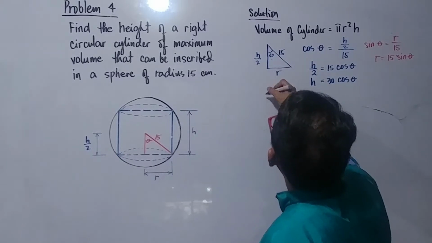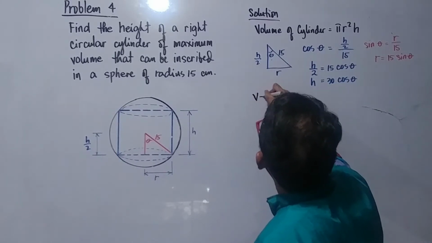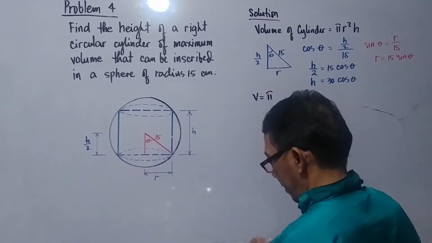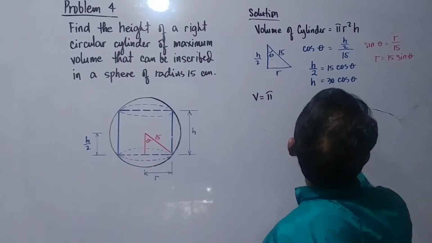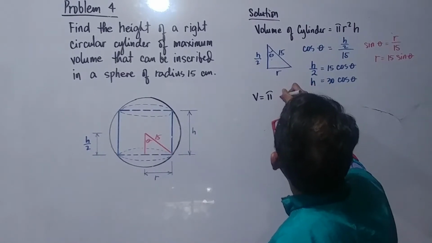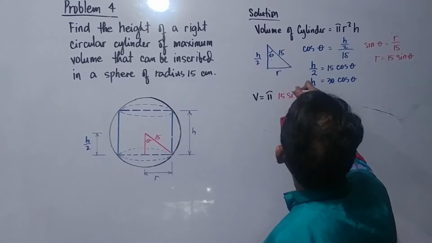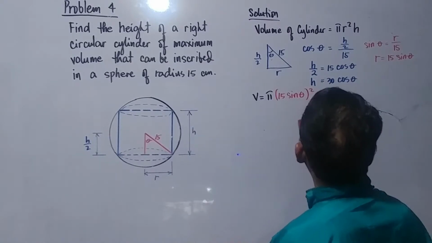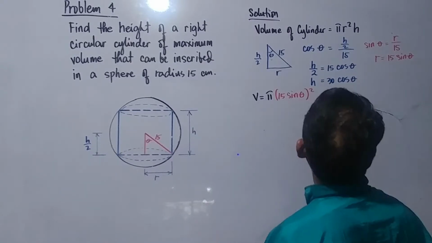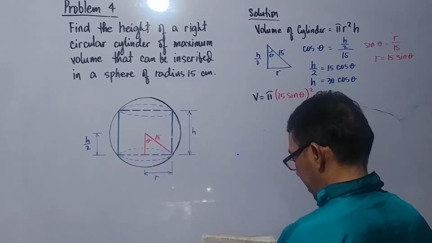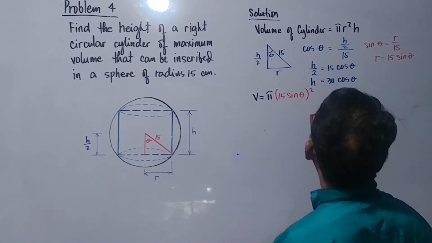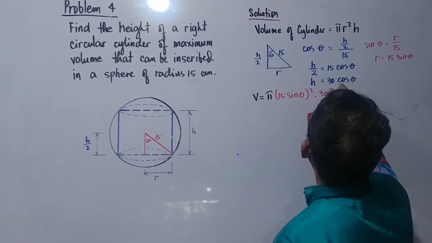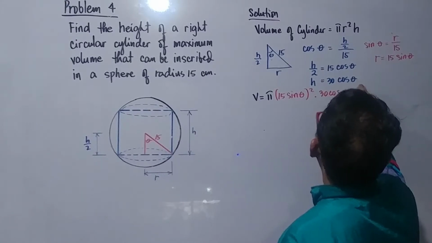So our volume of a cylinder is equal to pi r squared, which is 15 sine theta squared, times h, 30 cosine theta.